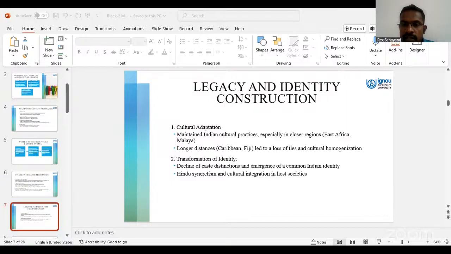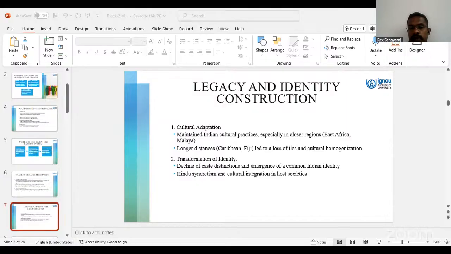So the immigrants docked in Mauritius from 1849. These migrants are from India, right? So there are a lot of countries where, after independence, people of India are there, right? So the system has been changed. They brought a lot of rules and regulations and everything to safeguard their rights.